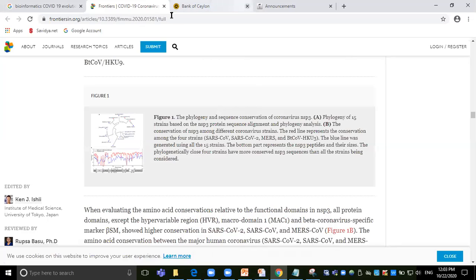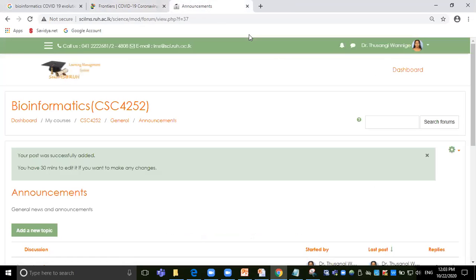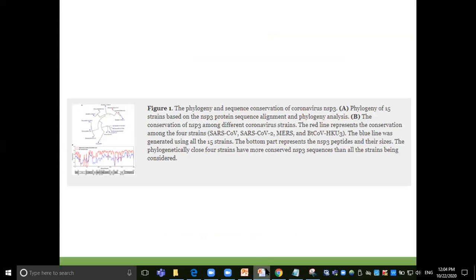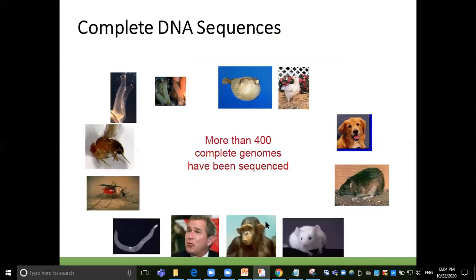I will first start with the importance of sequence alignment.